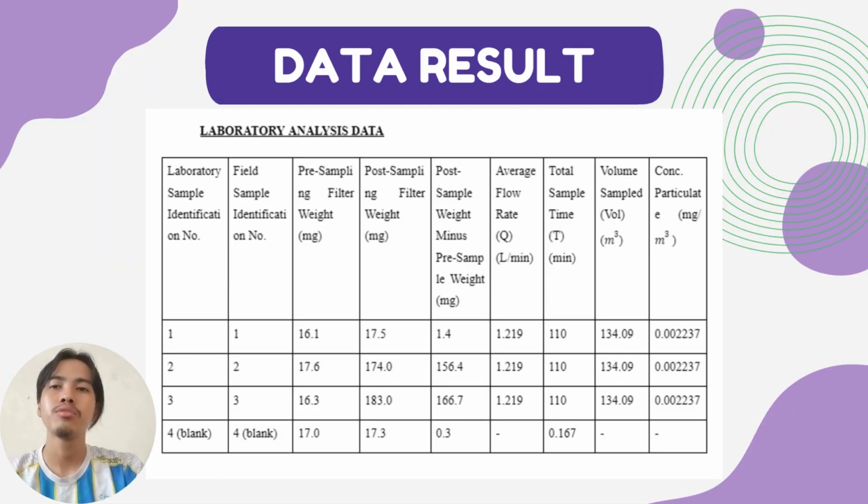And then I will show you the results that we have gathered at the assessment site. As you can see, we are using 4 filter papers, where filter paper number 4 is a blank, and the total sample time that we did at the site is 110 minutes, which is 1 hour and 50 minutes.